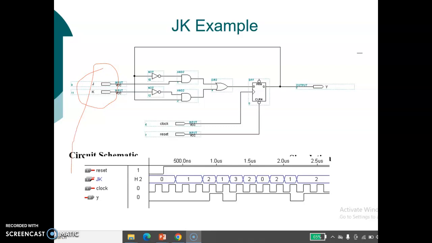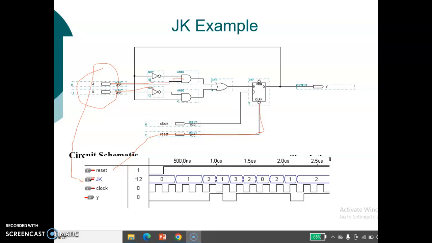This one here. And then reset here. This J input goes to the AND gate, another K input goes to the NOT gate.